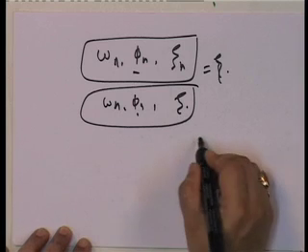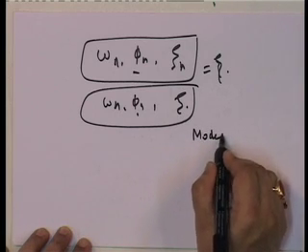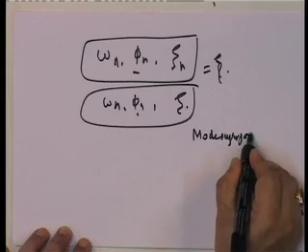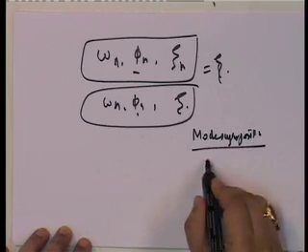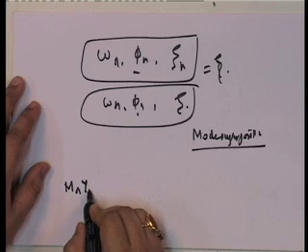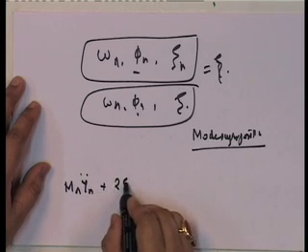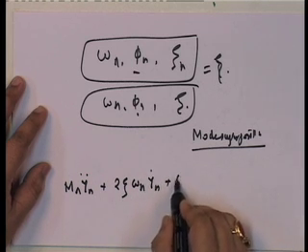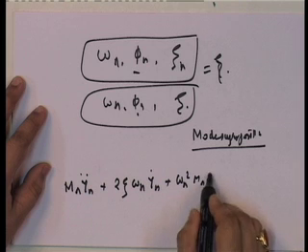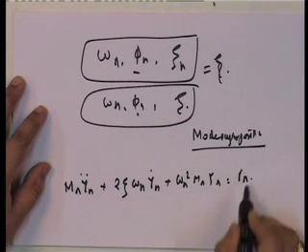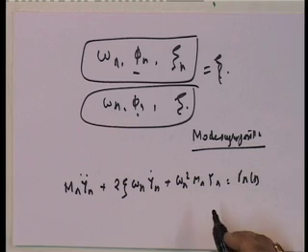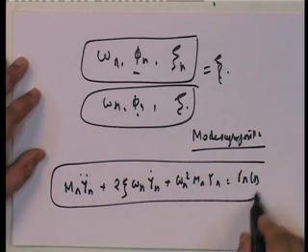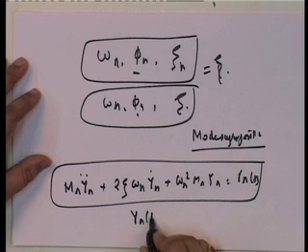If you are using the mode superposition method, this is all you need to do, because then you have this, and this is your standard single degree of freedom problem, and you can always get y n of t.